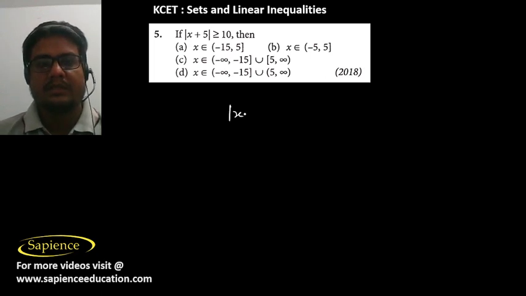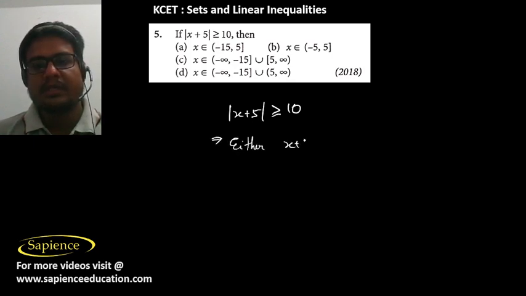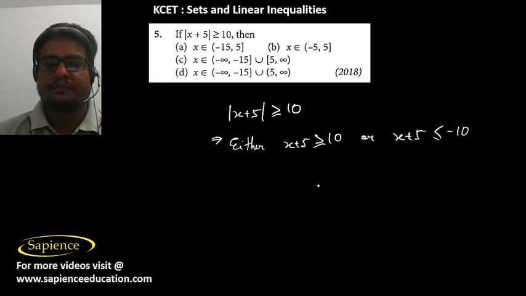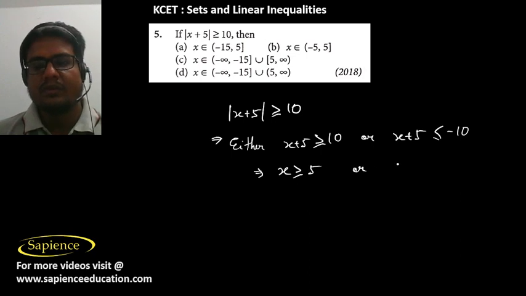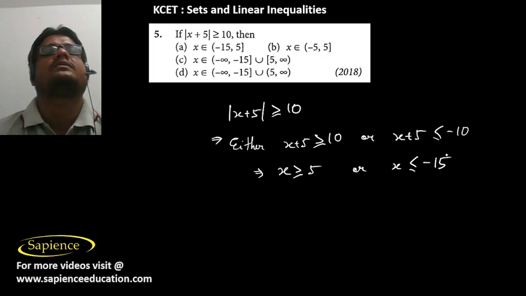Then here it is written mod of x plus 5 is greater than or equal to 10. So it means that either x plus 5 is greater than or equal to 10, or x plus 5 is less than or equal to minus 10. x is greater than or equal to 10 minus 5, that is 5, or we can say that x is less than or equal to minus 15.